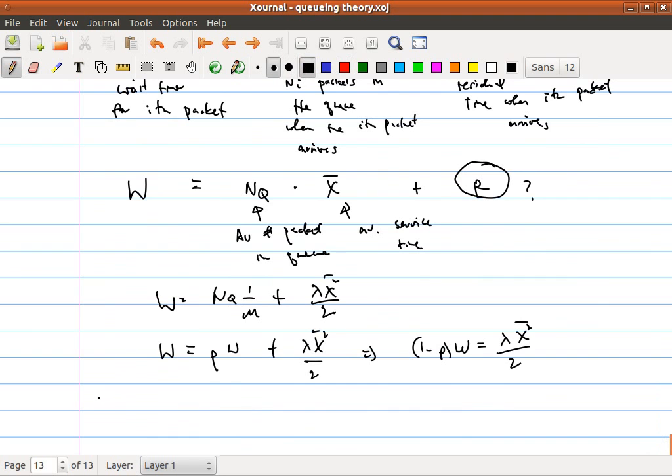For example, take an M/M/1 queue, let's say M/M/1, and x bar squared is equal to 2 over mu squared, I believe, and therefore W is just equal to lambda over mu squared (1 minus rho).